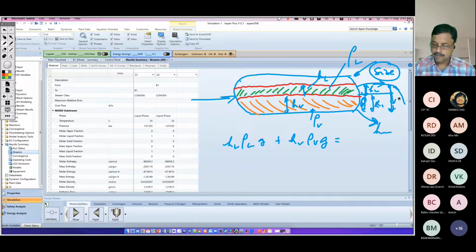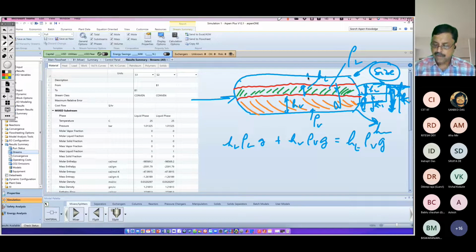Suppose the total height is HT. If you take the liquid from this end, then for this height HT, it is HT into rho V into G. This will be balanced by the entire column.